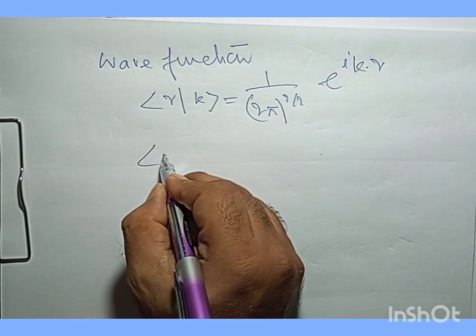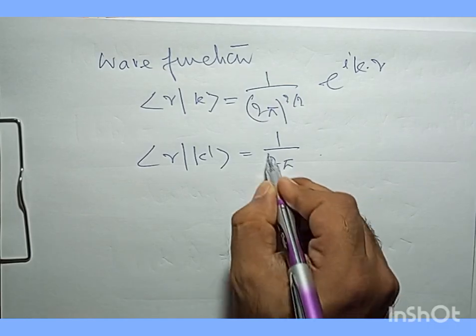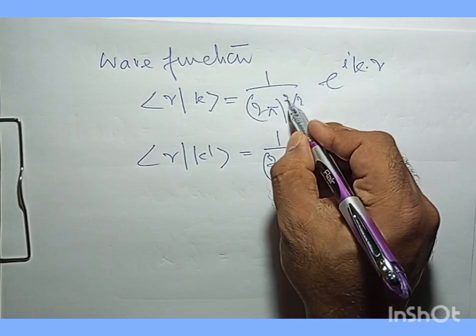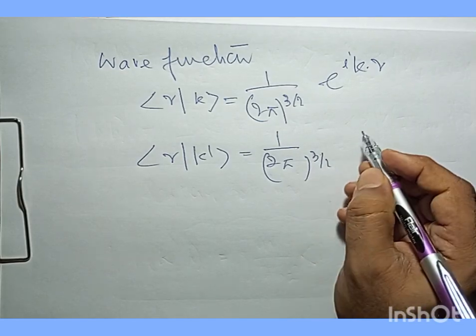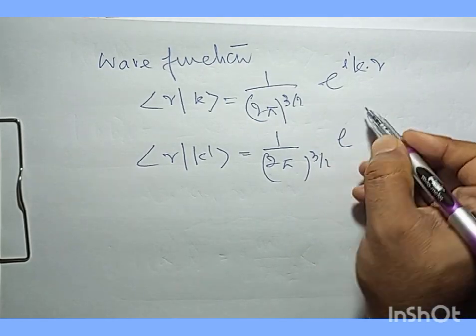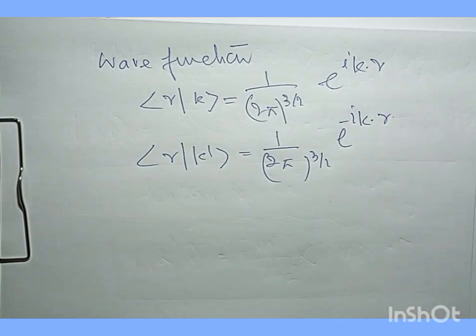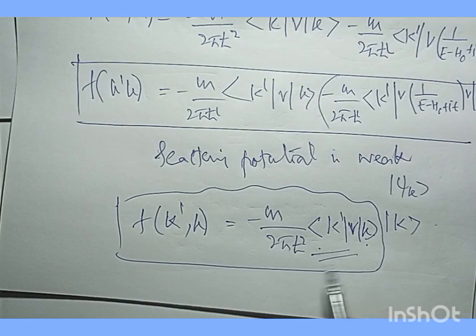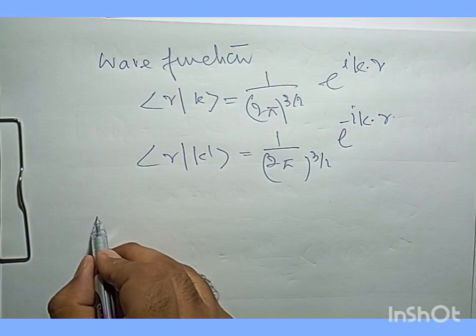And similarly, I can write r k dash as 1 by 2 pi whole raised to the power 3 by 2 e to the power of minus i k dot r.